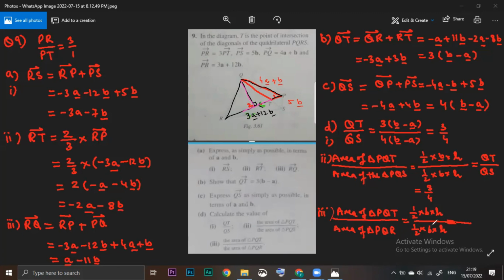Now the base of the triangle PQT is PT, and the base of the triangle PQR is PR. We have the ratio of these two sides, PT and PR. PT is 1 and PR is 3. So the ratio of the area between triangle PQT and PQR is 1 over 3.